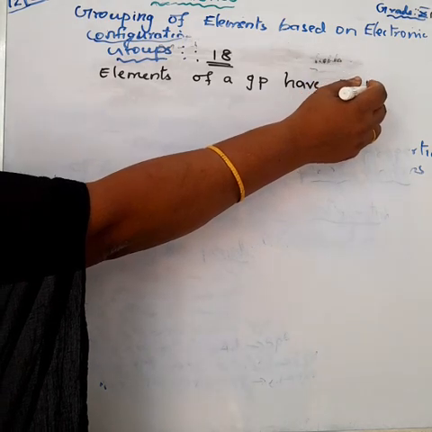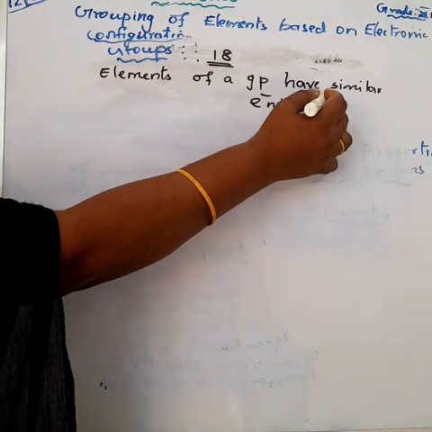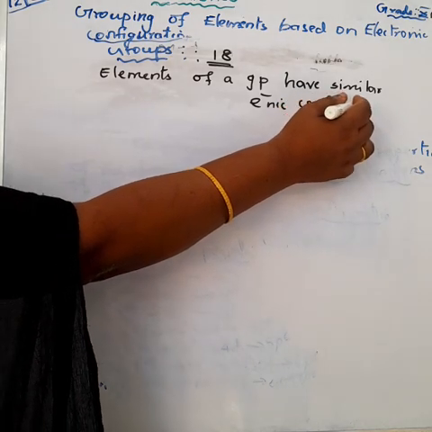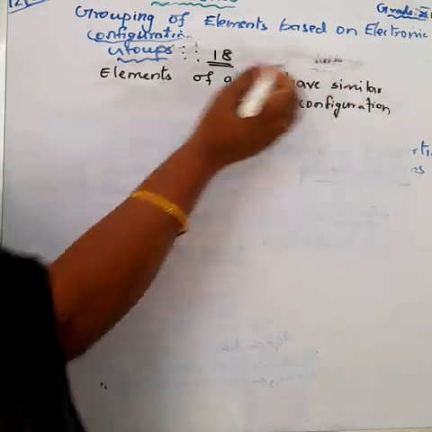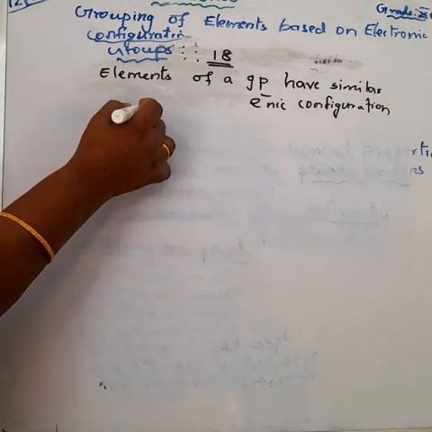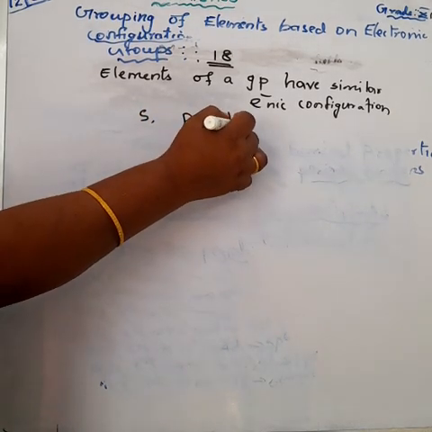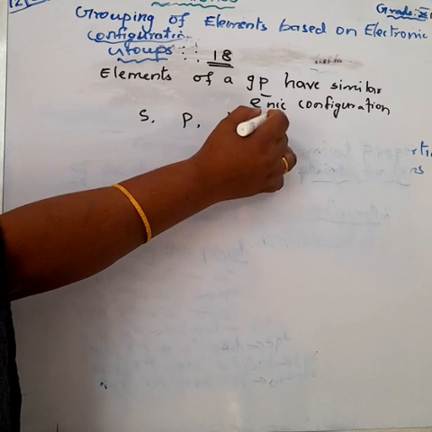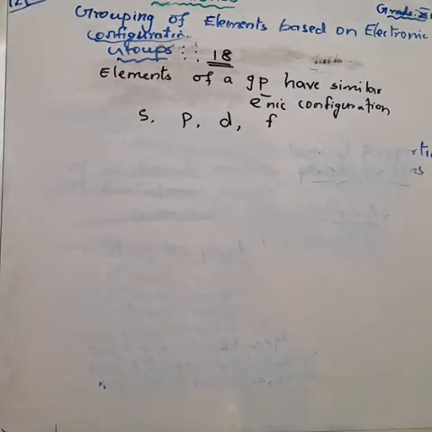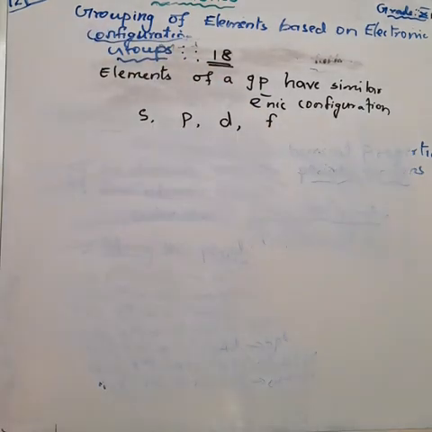How many groups are there? The modern periodic table is divided into four blocks. What are the four blocks? S block, P block, D block, and F block elements.